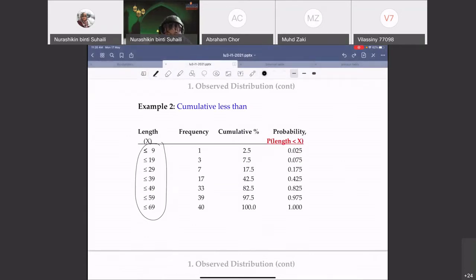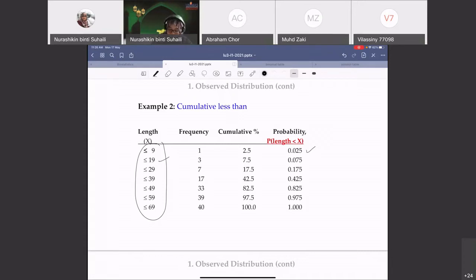It will be accumulated. For example, the first one doesn't have any difference because that's the first probability, which is 0.025. But when it comes to the second class, it has to consider the first class, because by definition here it is anything that is less than or equal to 19. So it also covers the first class, which is 0 to 9.